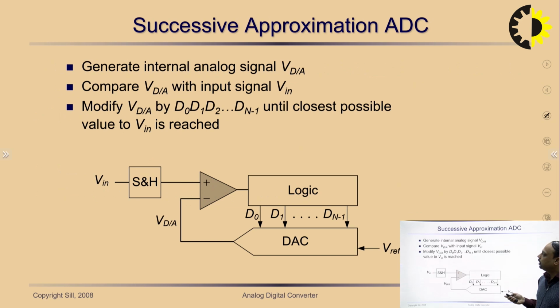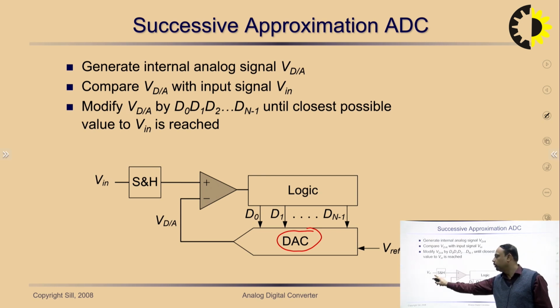Now another one which is used as an analog to digital converter is the successive approximation type analog to digital converter. In this, a digital to analog converter is first used to convert the generated digital signal into an analog signal again, and this converted analog signal is compared with the input signal with the help of this comparator IC.